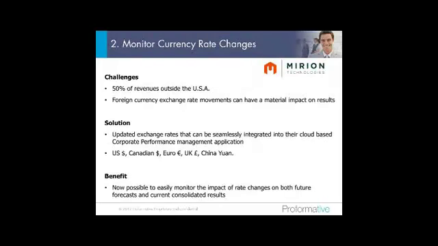Moving on to the second case study with Marion Technologies. They're a company that builds and sells radiation monitoring devices, and they have about 700 people worldwide. And in fact, over 50% of their revenues are outside the U.S. So, speaking with the controller there, they had some real challenges around planning for foreign currency exchange rates.